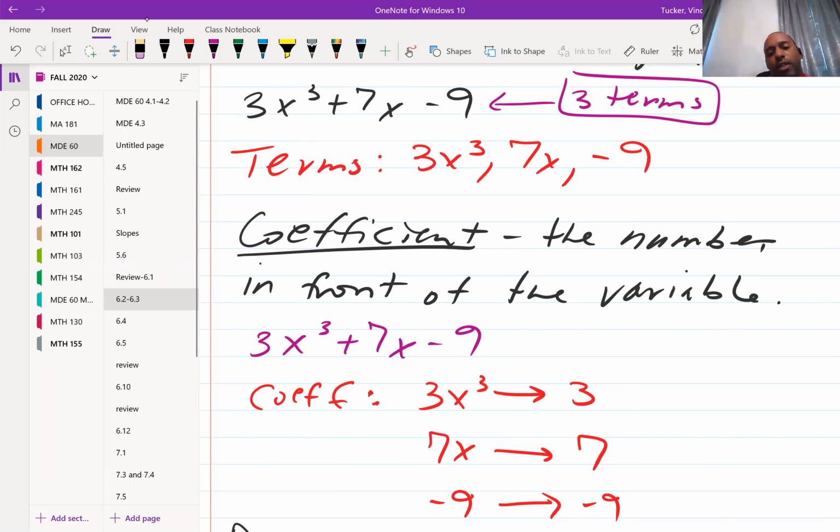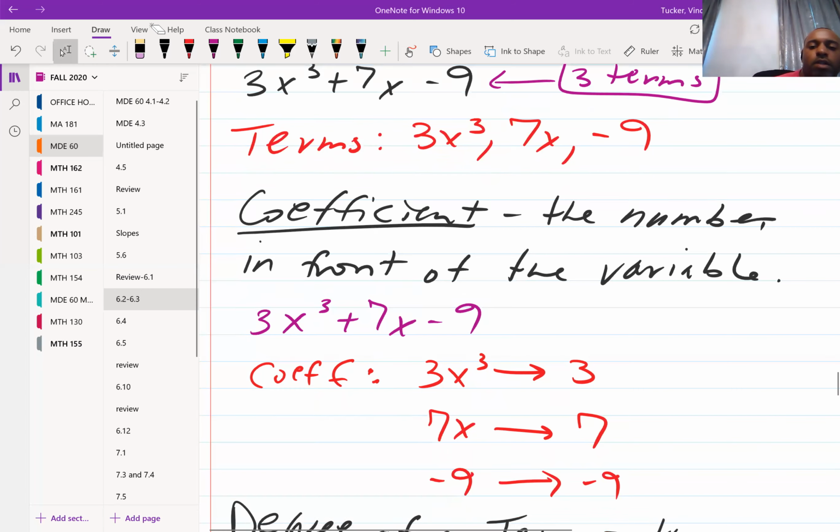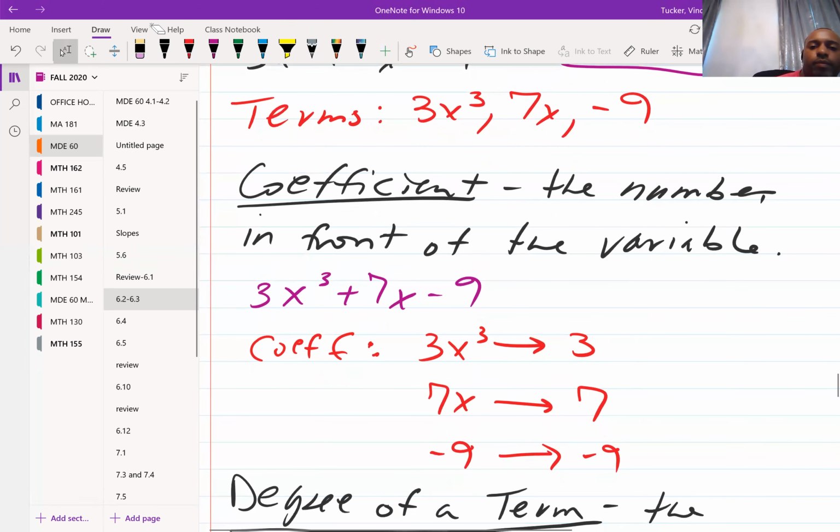For 7x, the coefficient is 7, and then for negative 9, the coefficient will be negative 9. Any questions?